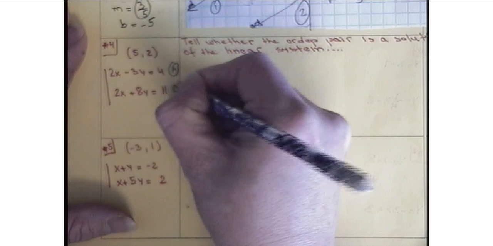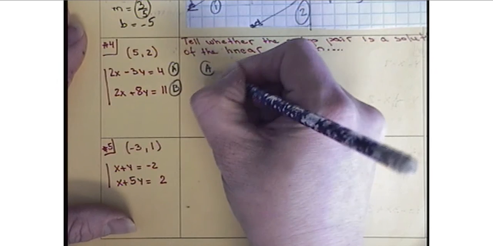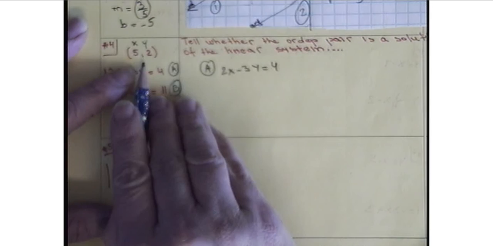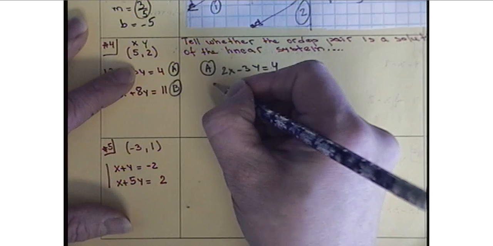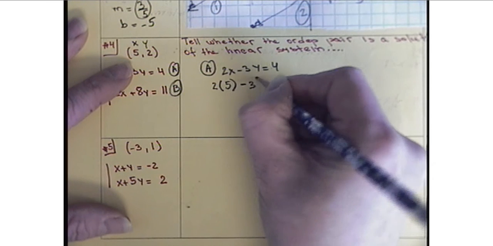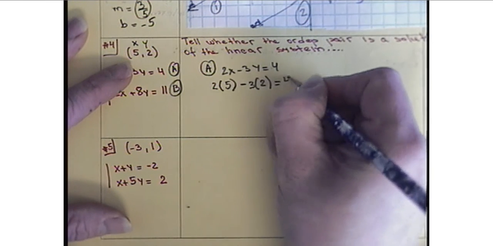So let's call this equation A and equation B. Equation A has 2x minus 3y equals 4. So I'm going to substitute my x and y coordinates from this point over here. That will be 2 times x, which is 5, minus 3 times 2 equals 4.